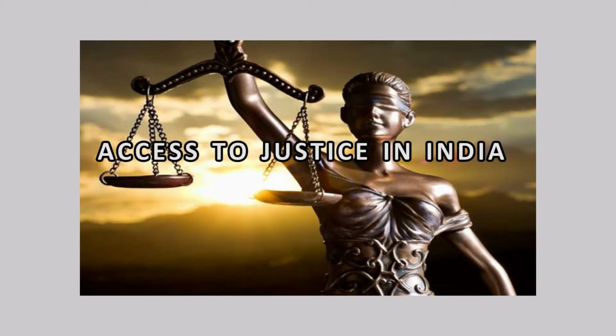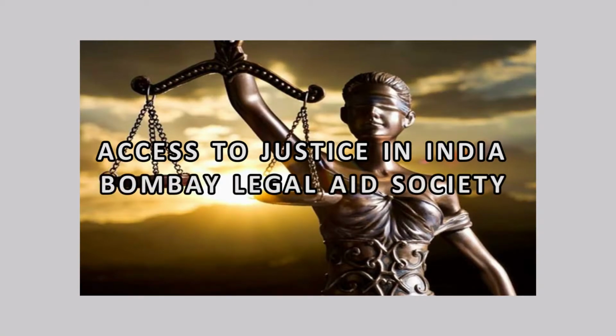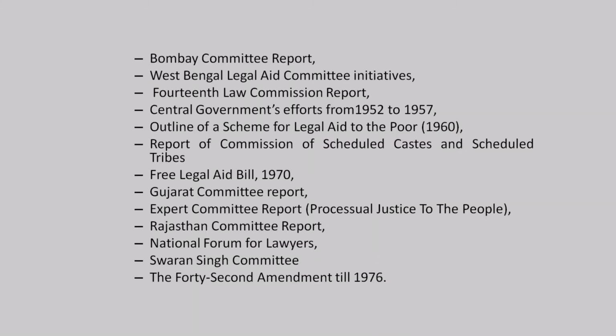The access to justice concept was formally introduced in India by the Bombay Legal Aid Society, as we learned in the first module, that is the developments before 1970. Subsequently, many other committees made recommendations. You could see on the slide that the West Bengal Legal Aid Committee and the 14th Law Commission discussed a great deal how legal aid should be secured by the state.